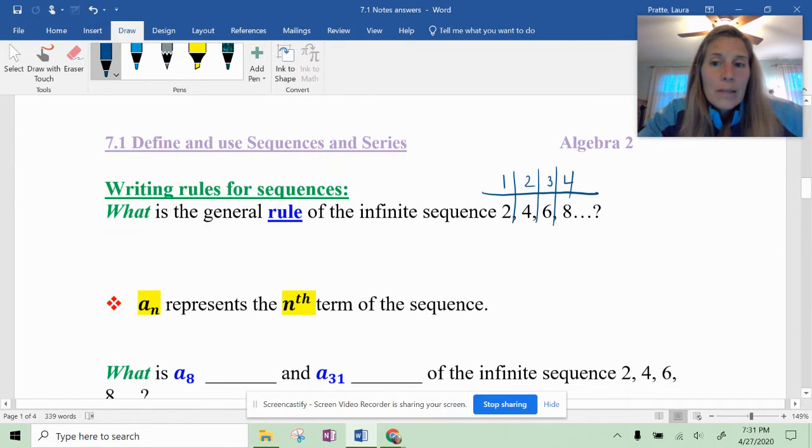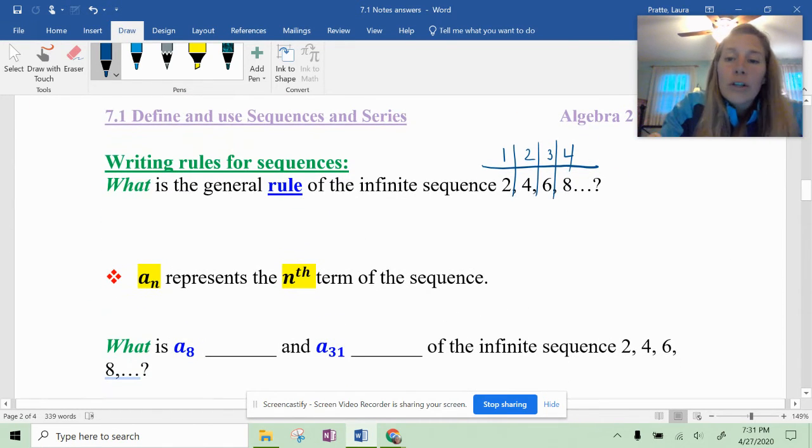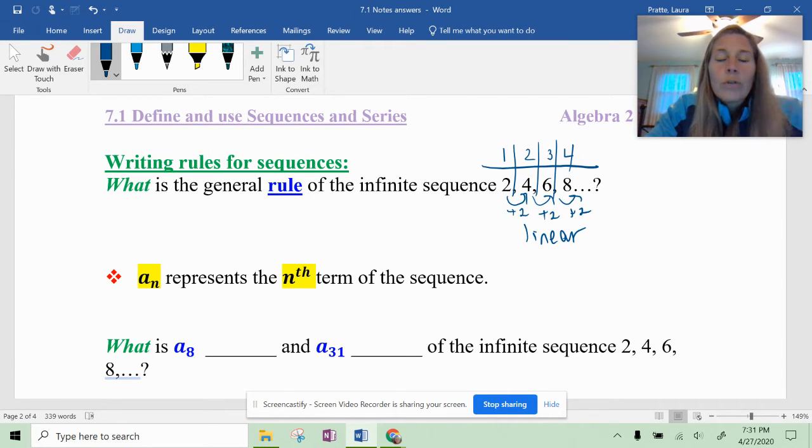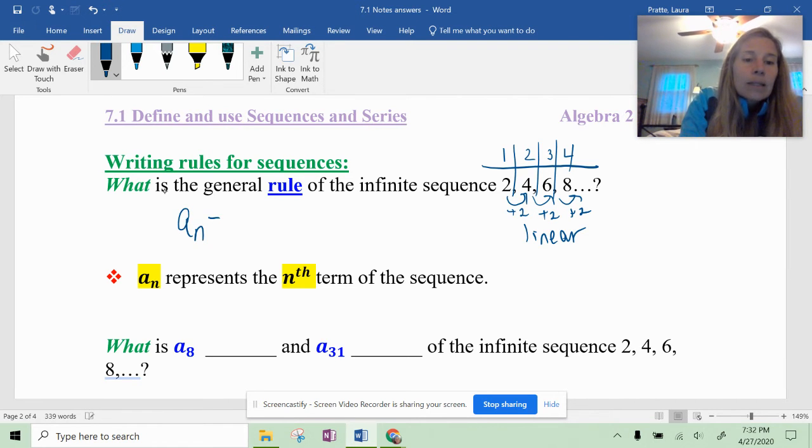So with that being said, when you look at your pattern and you can see that there's something being added each time, you know it's going to be linear. Okay, so when you know it's going to be linear, think about y equals mx plus b, right? So instead of y equals, we do a sub n equals, and instead of the x we're using the n.